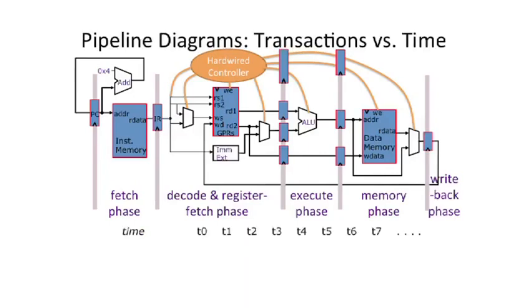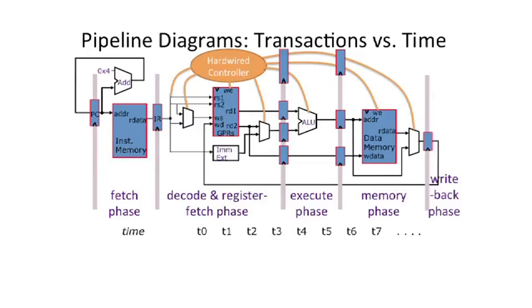So the first pipeline diagram we're going to use here will plot transactions or instructions versus time. We're going to put time on the horizontal axis here. So we have time t0 to t7, and it's increasing. And now we're going to have an instruction flowing down the pipeline.